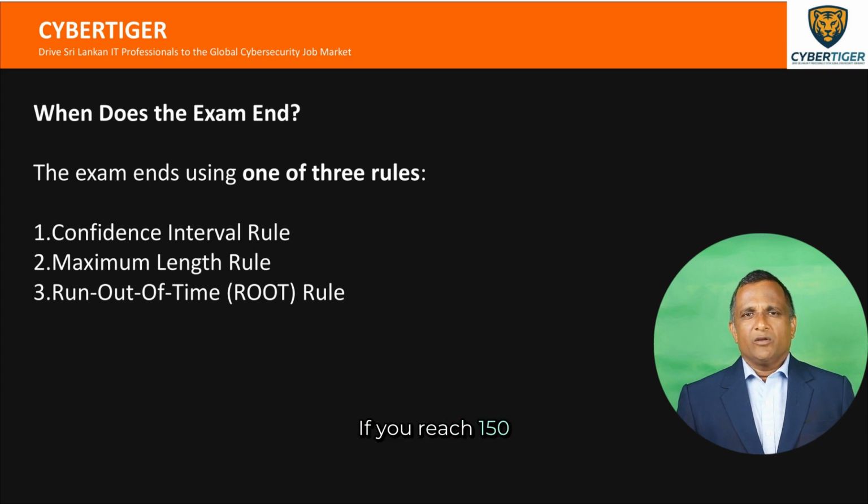If you reach 150 questions, the exam ends automatically, and your final ability estimate determines pass or fail. Third is the run out of time, or ROOT, rule. If time expires before the system reaches confidence, it evaluates your performance up to the last answered question. Key takeaway: the exam doesn't end randomly. It ends when the system has enough data to make a defensible decision about your competence.